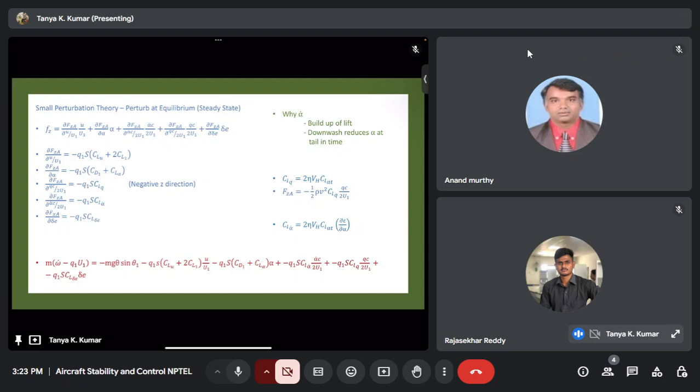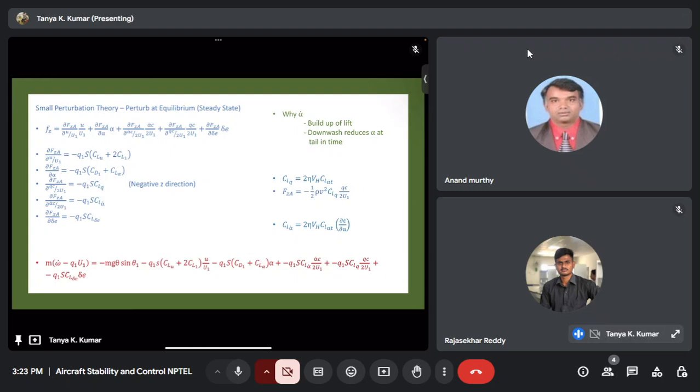So each of the derivatives are derived, and I think I mentioned this even yesterday. So why is there an alpha dot? Why can't we just have q? Why do we have to have an alpha dot? Because when we give the command for increasing the alpha, it doesn't really get there immediately. Over time it reaches there. There's a slight slow build-up of the lift for it to reach this alpha.